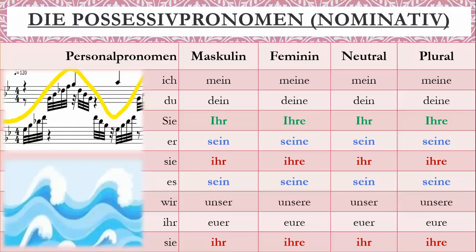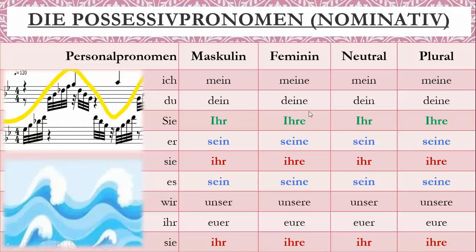I mentioned in my previous tutorials about a certain dative case. Now this nominative and dative cases I will cover slowly in the later tutorials. So let's have a look first at the possessive pronouns.